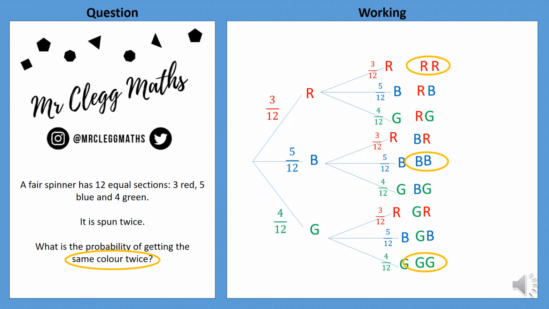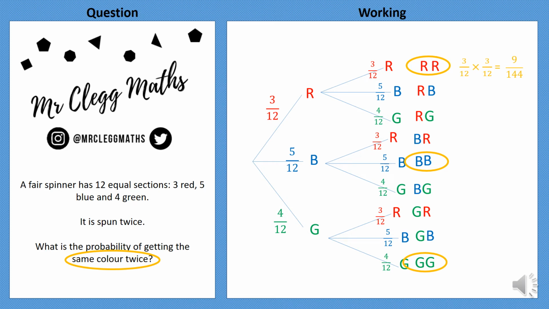Now, as I work through my probability tree, if you look at that red then red section, the probability of getting the first red is 3 out of 12. The probability of getting the second red, because these are independent events, and we might look at conditional probability a little bit later on, because these are independent, the probabilities are exactly the same, so it's 3 12ths times 3 12ths.